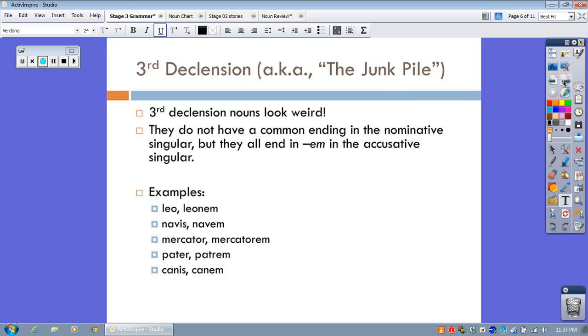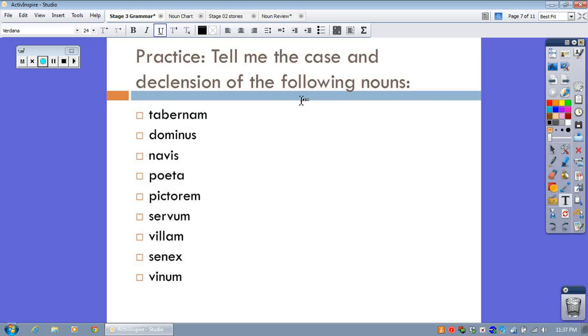So, looking at these words, I want you to tell me or think about what would the case, meaning nominative versus accusative, and also the declension, meaning first, second, or third. Let's look at tabernam. Ends in an -am. That's going to be accusative case and first declension.